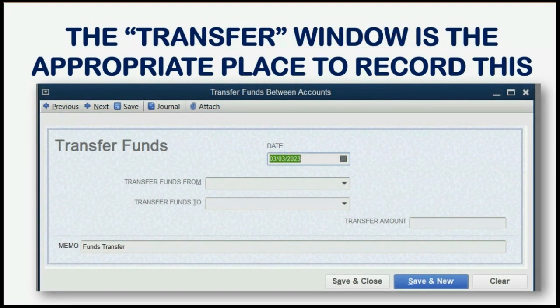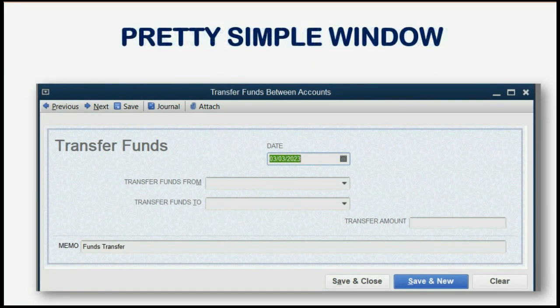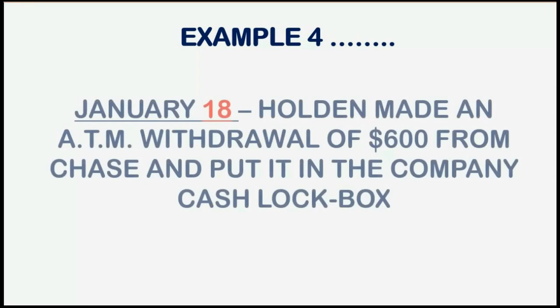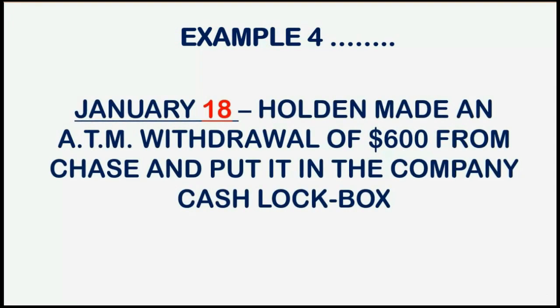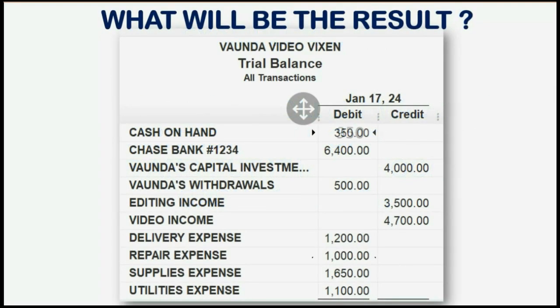And the good news is the transfer window is the most simple window in QuickBooks. There's really not much to explain. There's only 4 fields to fill out, and they're all self-explanatory. Just make sure you record this transaction and you get this result.